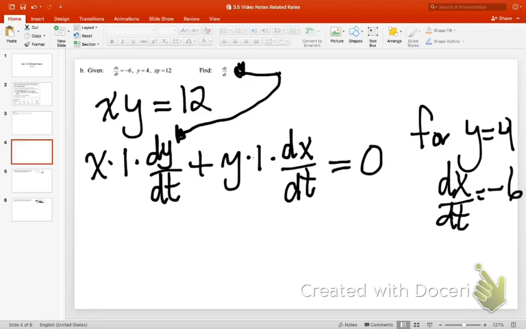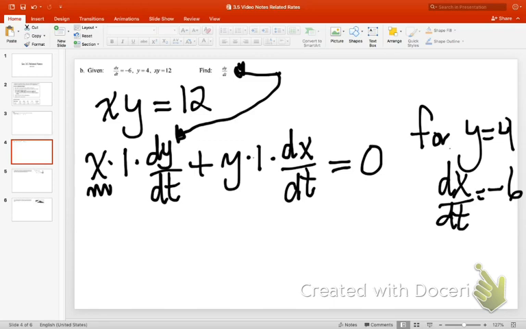So this would become, ooh, do you see a problem that we have? I have x, dy/dt, y, and dx/dt, and I only have y and dx/dt. So I'm missing an extra value.